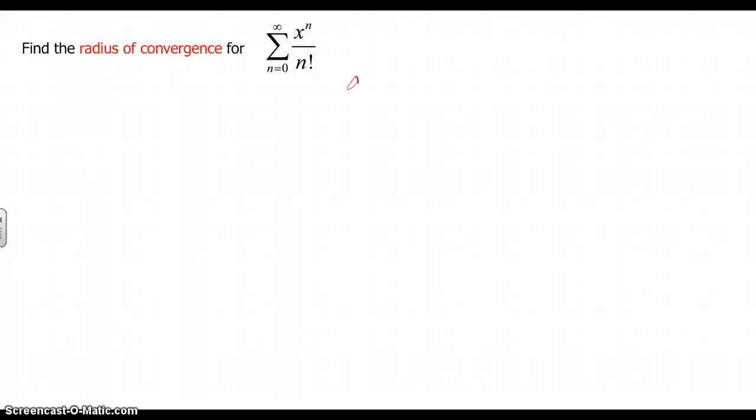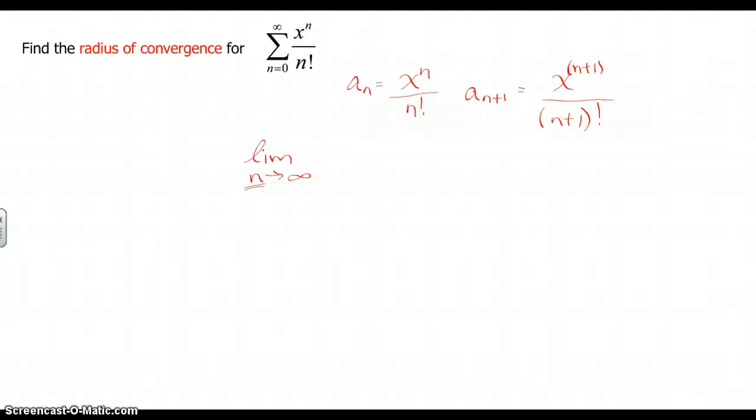So a sub n, just like we did before, is x to the n over n factorial. A sub n plus 1. The only difference here now is that we have x involved. We are now dealing with power series as opposed to just the other series we had been dealing with before. Now, we are not taking x to infinity. Please notice that. We're still taking n to infinity. As far as n is concerned, x is a constant.